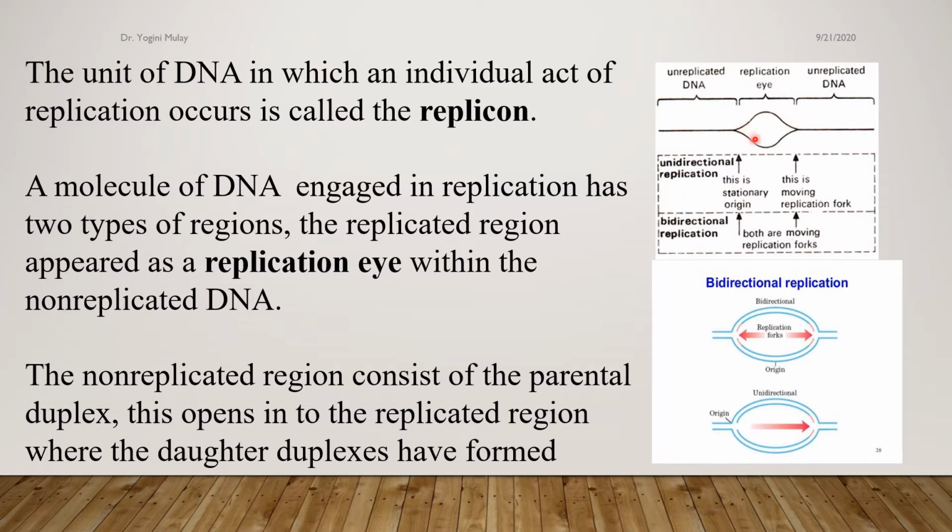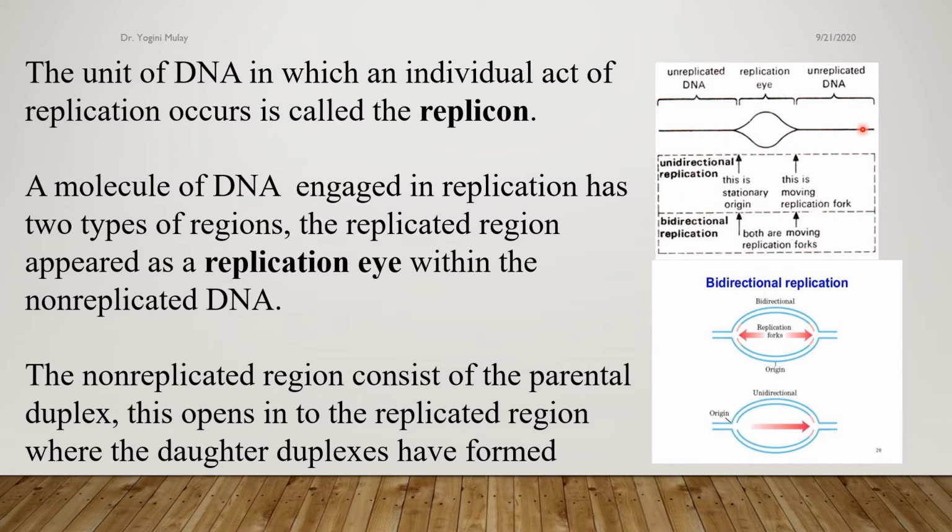This is the region which is actually involved in replication. You can very clearly see these two strands are separated from each other, and this will act as a template. Daughter strand will get synthesized. Even this will act as a template and the daughter strand will get synthesized over here. And this is the unreplicated DNA. This is also unreplicated DNA.